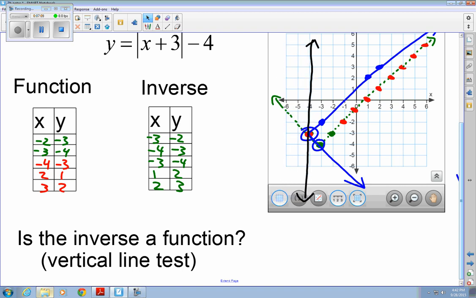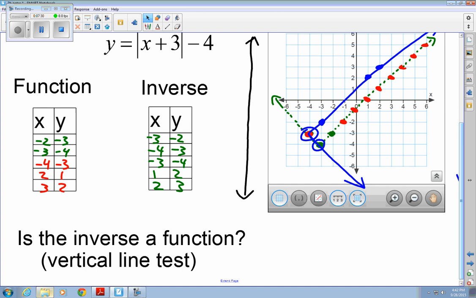Like right here at (-4, -3), looking only at the blue, it's a function right here, but as soon as I move it to the right, it's hitting multiple spots. If I move it right here, it's hitting at (-3, -2) and (-3, -4). So by a vertical line test, it is not a function.